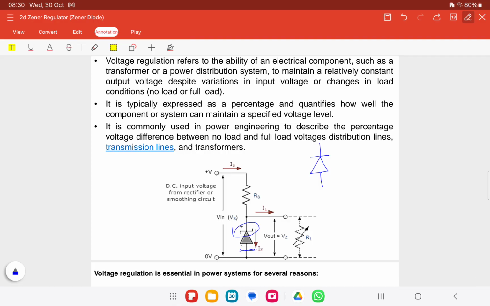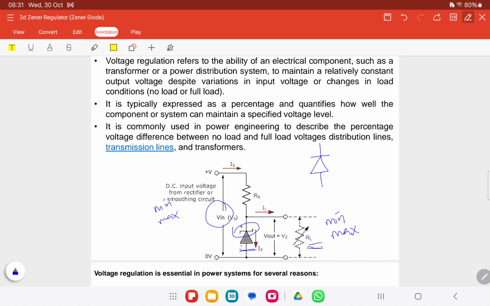Okay. And then normally in Zener diode punya circuit, it is either vary the load. Maksudnya the load resistor dia ada minimum and maximum value, ataupun vary on the voltage source. Dia pun ada minimum and maximum value. Okay.